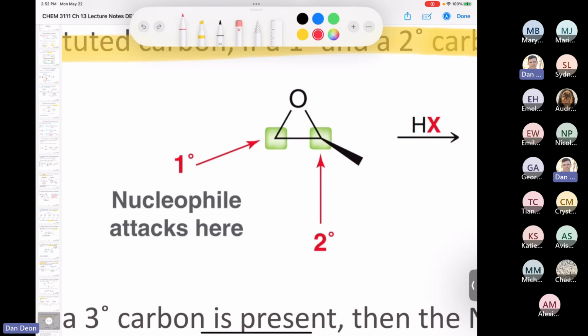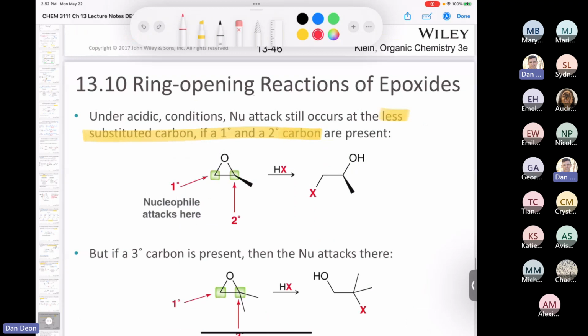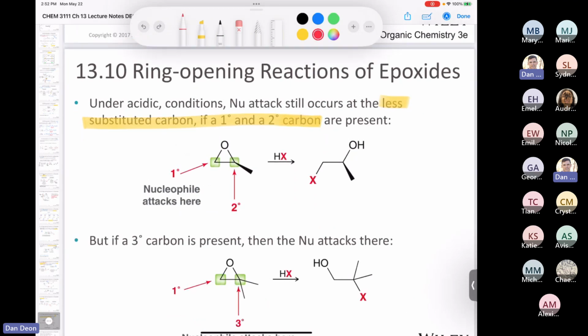So to rehash, if you have a primary and secondary carbon, the nucleophile is going to attack the least hindered carbon. First you would protonate, you'd form this, and then X minus, your nucleophile, would come along and attack at the least hindered carbon, and you'd end up with this molecule here.